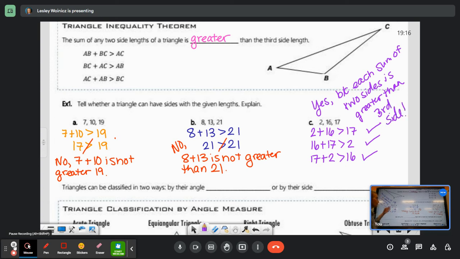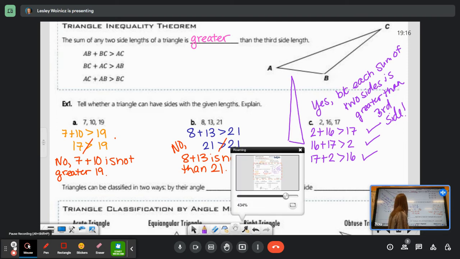Okay, so that's how it works. All right, so if you want to think about what that would look like, it would be like this tall, skinny little triangle, with one side, the 17 side, just slightly longer than the 16, and then the 2 is this little mini side. This is the goofiest looking triangle you ever saw, but it works. All right, next.